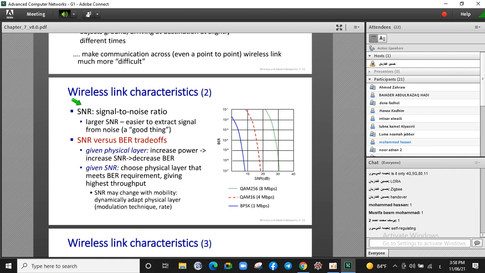And I know that a higher value of SNR makes it easier to extract signals from noise in the destination.